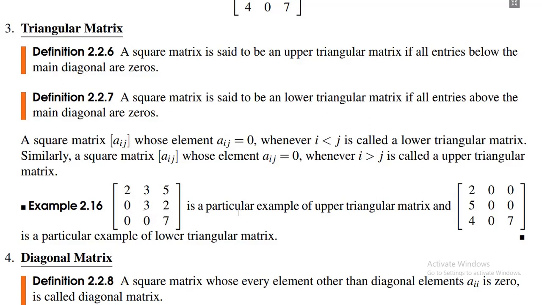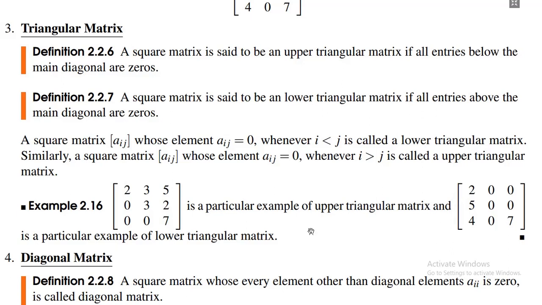Then we say this is an example of an upper triangular matrix. And also this matrix is a square matrix, and the main diagonal entries of this matrix are 2, 0, 7. Above those main diagonal entries, these all are 0. Then we say that this matrix is a lower triangular matrix.